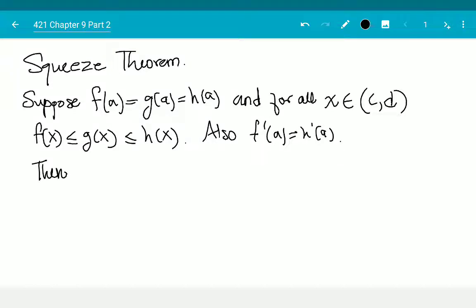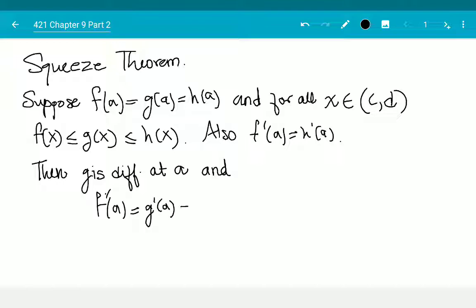Then we have that g is differentiable at a, and f prime of a is equal to g prime of a is equal to h prime of a.